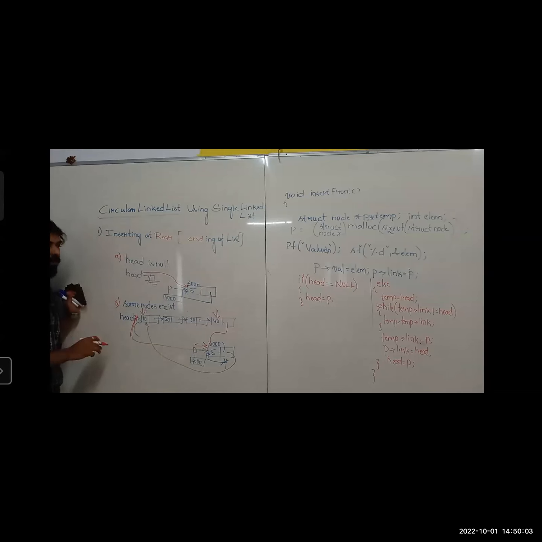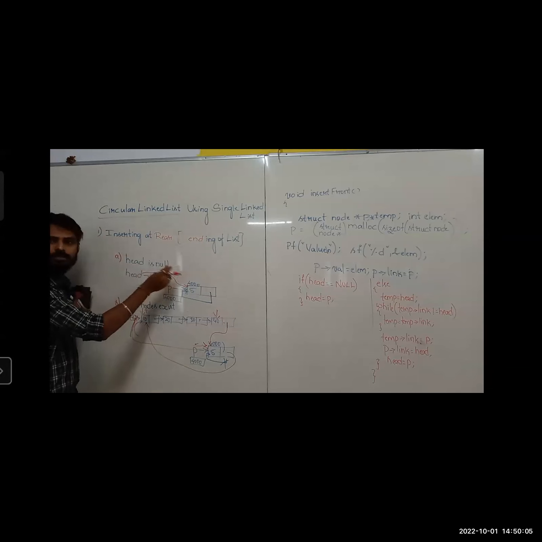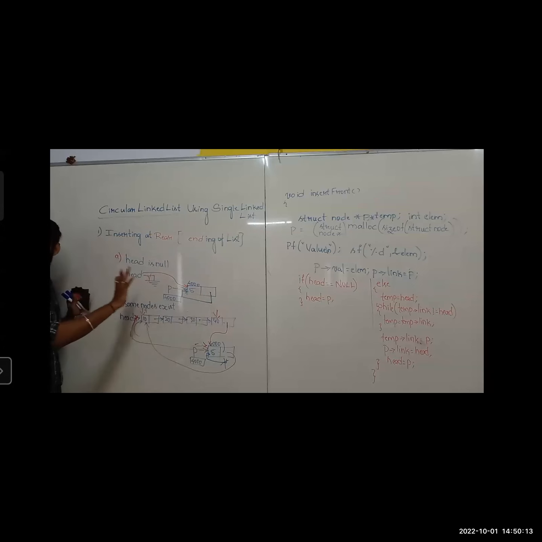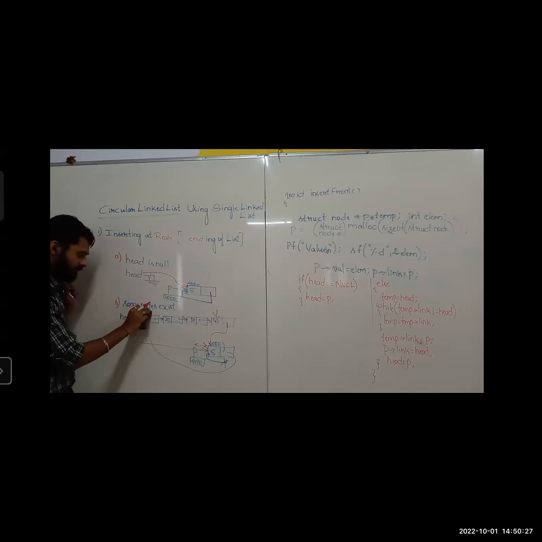If head is pointing to null, which means the first node will be the last node also. That condition remains the same, and our solution for it also remains the same. Head should be pointing to P. That will not change. But coming to this part, definitely there will be changes.